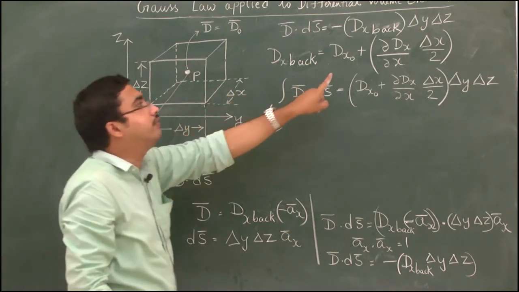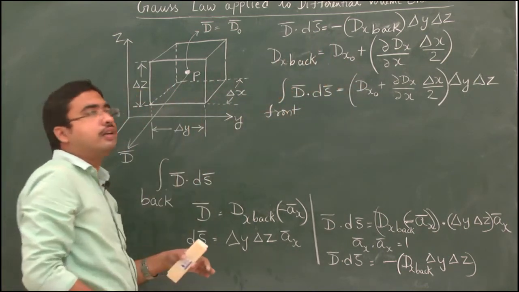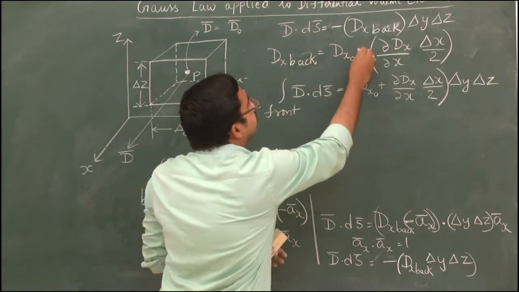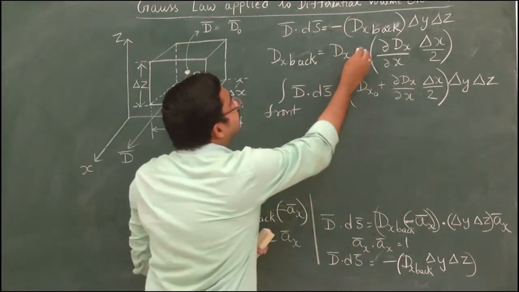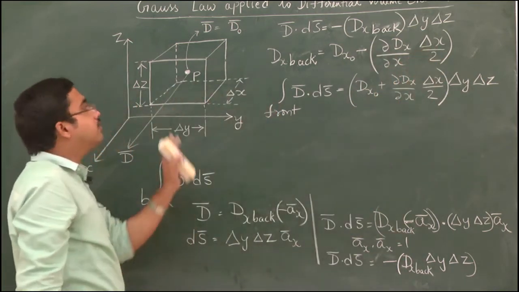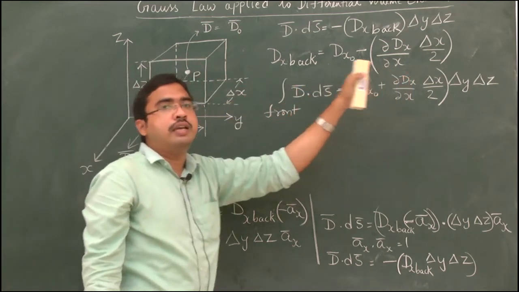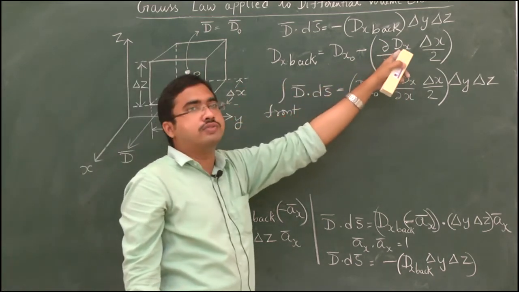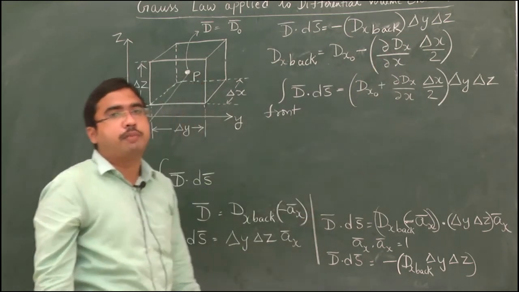That means previously you kept plus, now you should keep a minus sign for the back side surface. So applying minus, it becomes Dx naught minus dou Dx by dou x into delta x by 2, because both surfaces are on the same axis, the formula will be the same. Just the rate of change of Dx will be positive from the front side and negative from the back side.